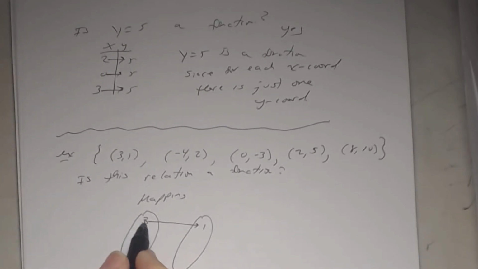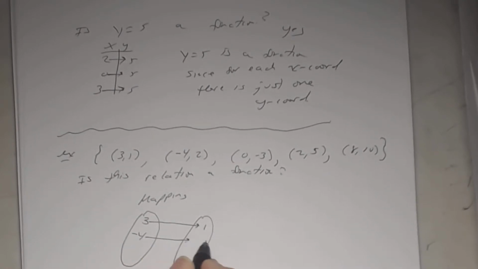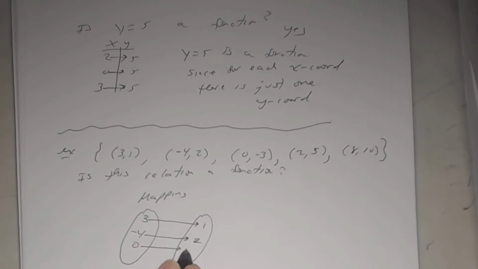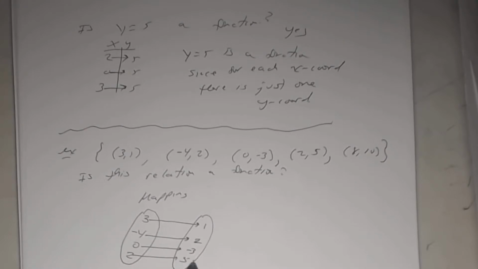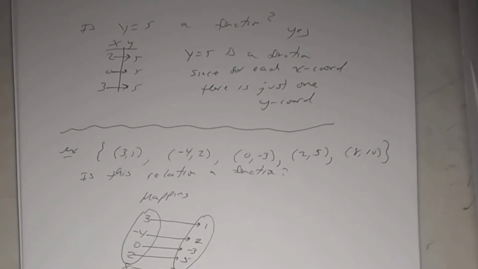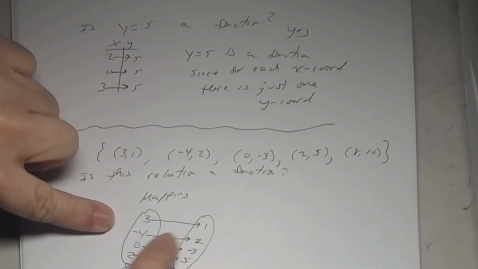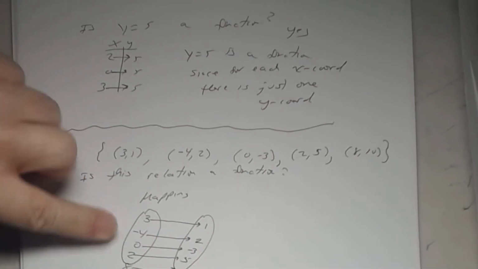When x is 3, there's only one arrow coming from it. It's 1. When x is -4, there's only one arrow. It's 2. When x is 0, one arrow. It gets mapped to -3. When x is 2, it gets mapped to 5. And when x is 8, it gets mapped to 10. So notice that for each x coordinate, there's only one y coordinate.